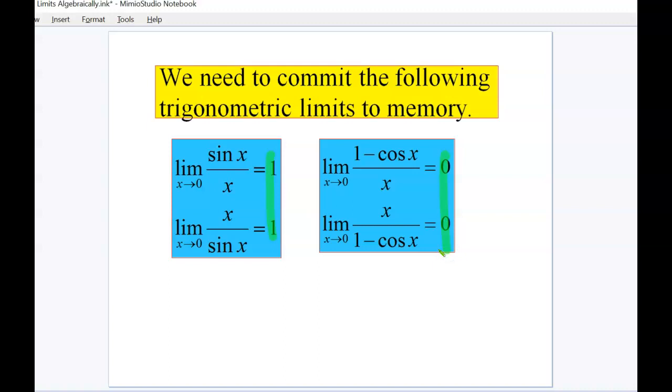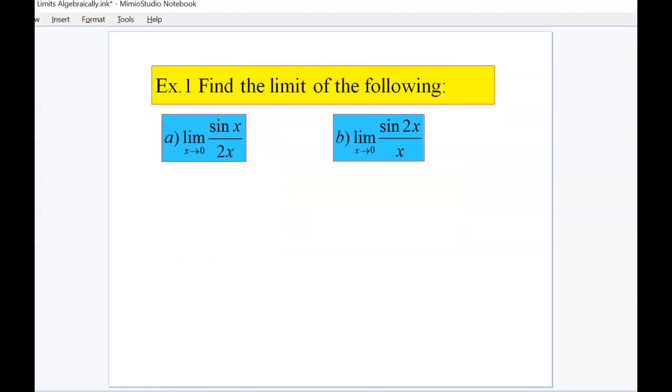Those two limits are special limits for trig, and now we're going to see how to evaluate trig expressions using these rules. So let's look at part A. I'm asked to find the limit as x approaches 0 of sine x divided by 2x. If you recall from our rules of limits, this would really be the limit as x approaches 0 of 1/2 times sine x over x.